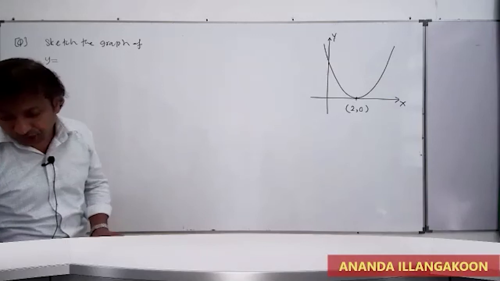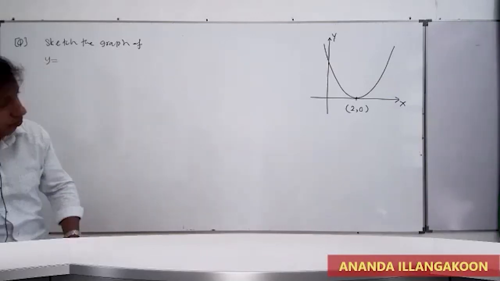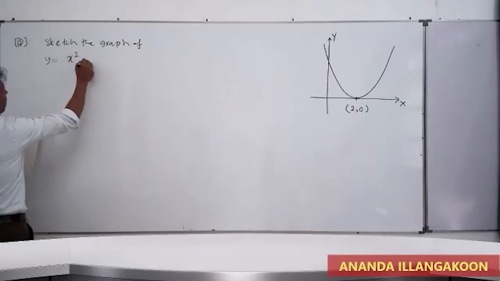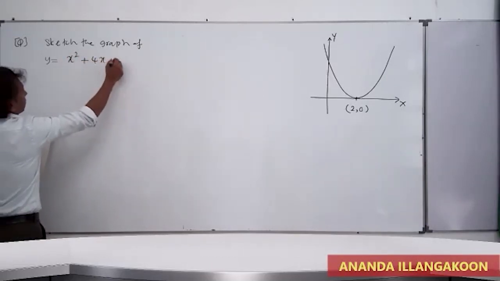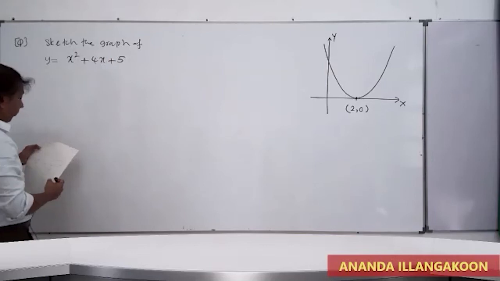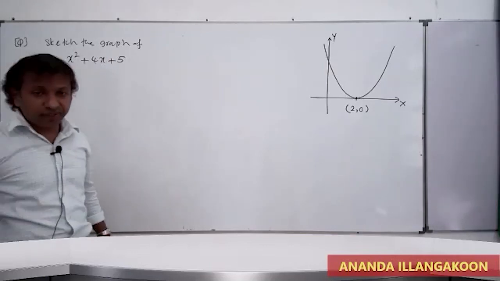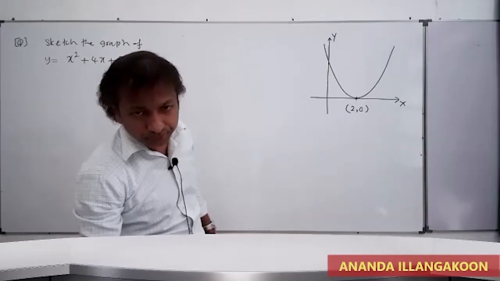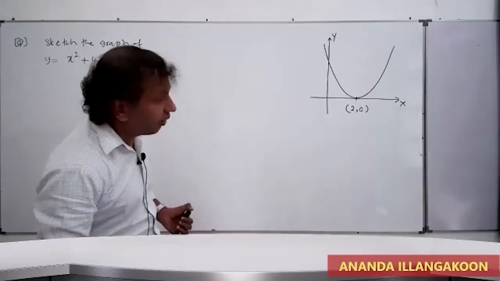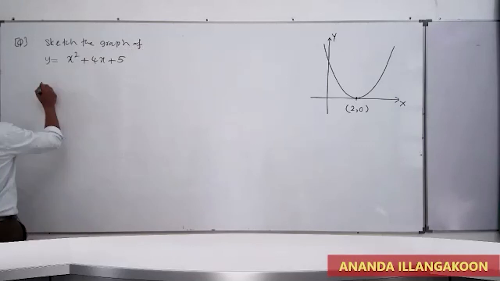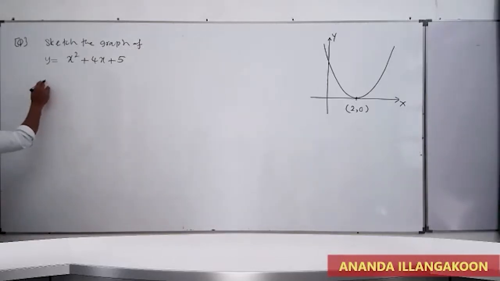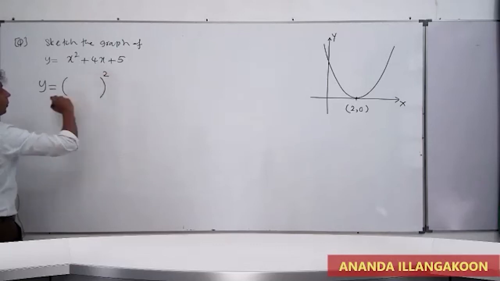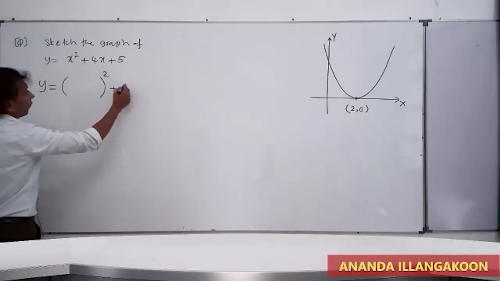Write down this. Sketch the graph of y equals x squared plus 4x plus 5. Complete the square and find, people, the roots. Okay, we'll complete the square here. y equals x squared plus 4x plus 5.